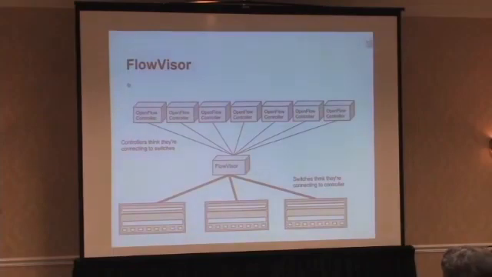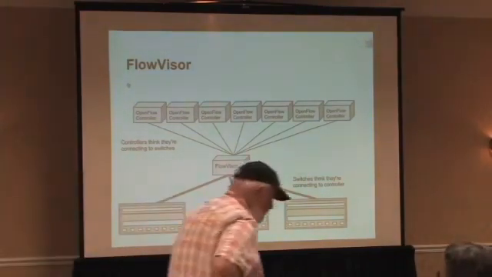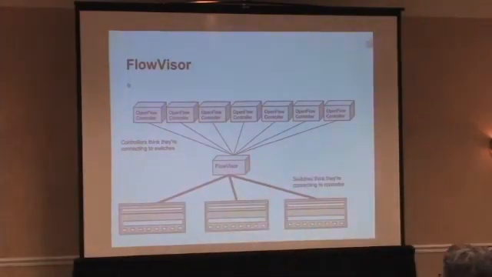But let me try to describe briefly what they're doing and what you're going to start to see in the future. So let's imagine that you have this chipset that does high-speed IP forwarding. And there's no way this chipset can do OpenFlow. It was designed to do IP routing, IP forwarding, not going to do OpenFlow.